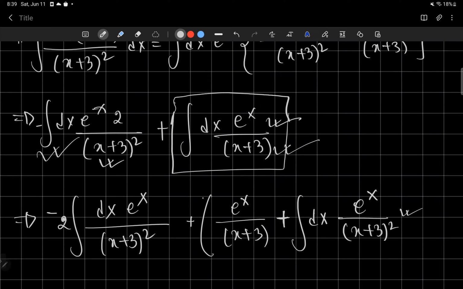We are not doing anything to it. But then there's a minus sign, there's an integral sign, there's this dx, but then we need to differentiate 1 upon x plus 3 in this case. Sorry, this is just minus 1 upon (x plus 3) whole squared, right? Now, do you get it?